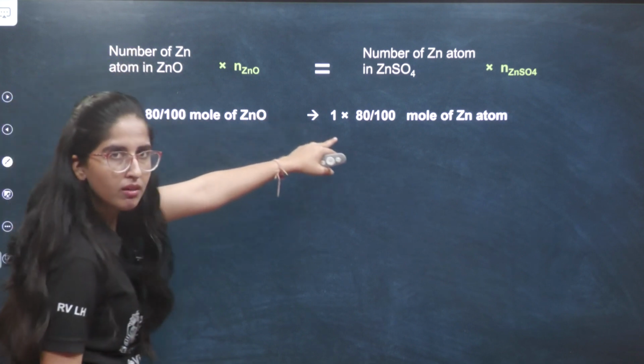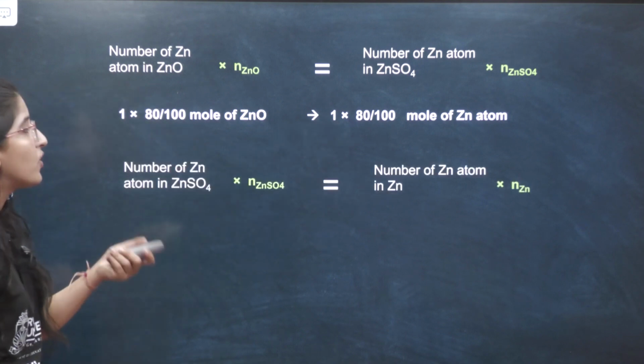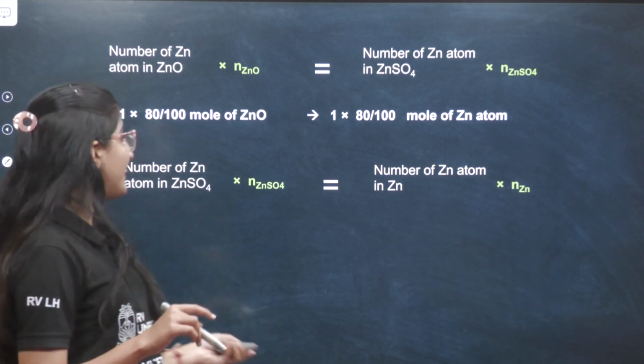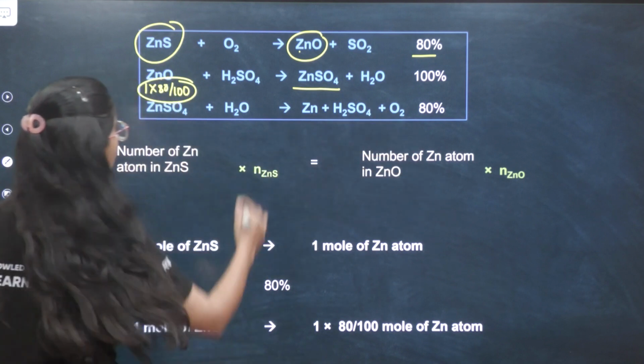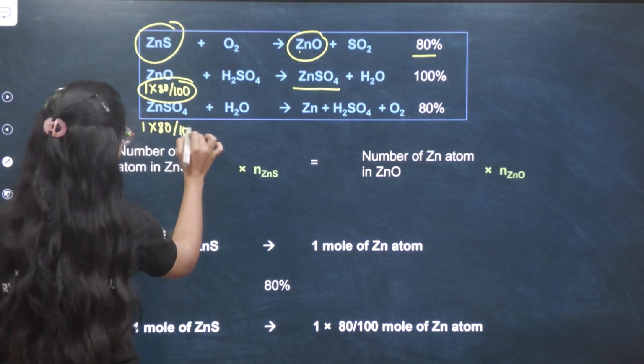So it will give 1 into 80 divided by 100 mole of ZnSO4. Why? Because it was 100% yield. But again it was 80% yield right here.